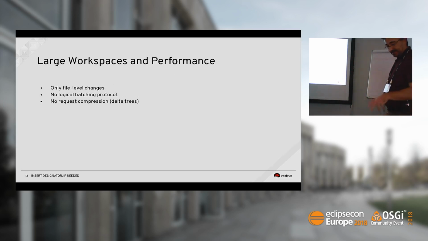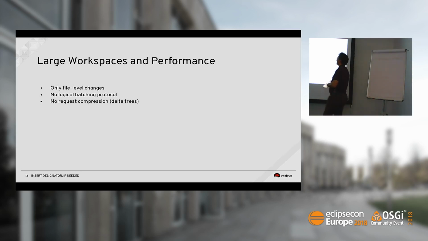The last thing I want to talk about has nothing to do with the protocol itself, but it's a problem we ran into when we import Che. Che is a couple of thousand files, and JDT LS starts blowing up pretty much immediately, because it needs like 3 gigabytes of memory to parse that.